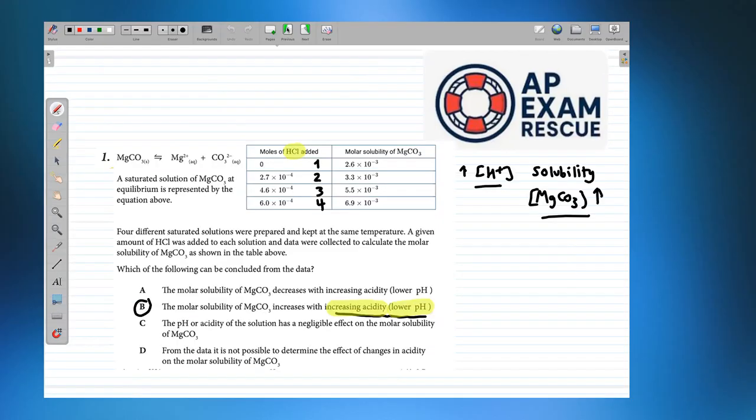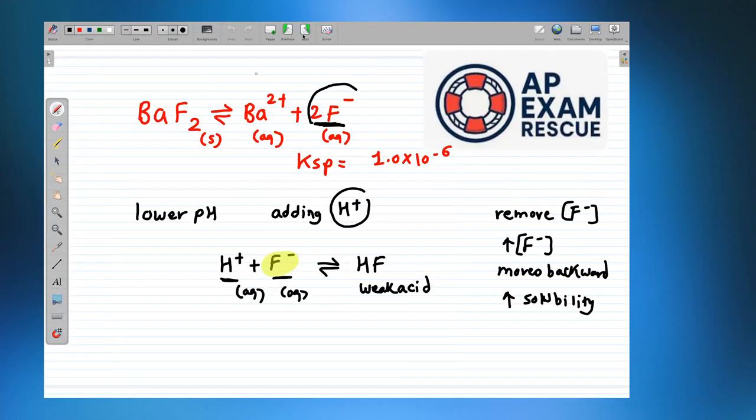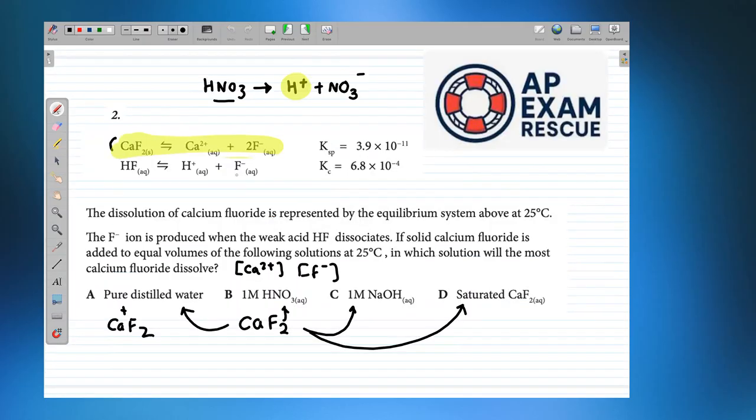Remember what we said here? What did the H plus react with? With the F minus, very well. So it will take the F minus and make HF, so it reduces the concentration of F minus.